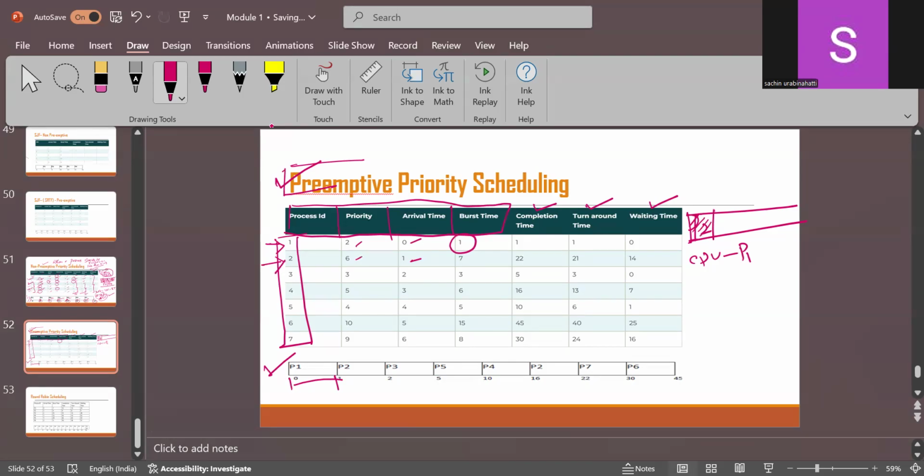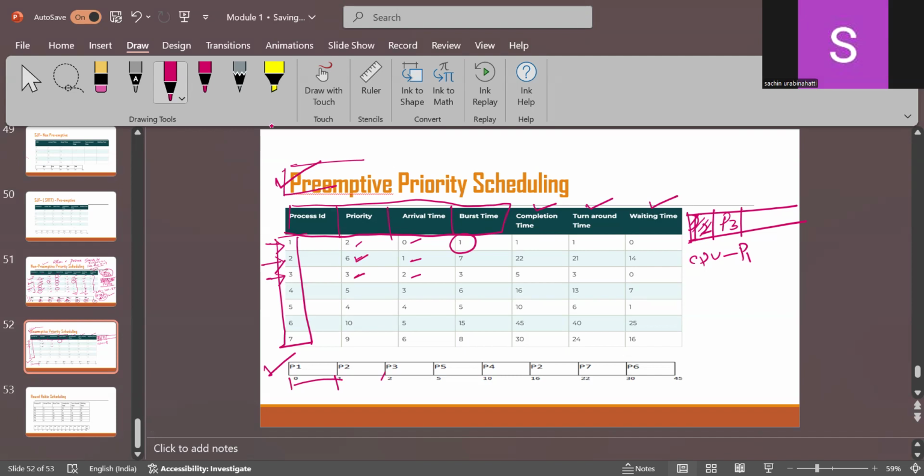P2 starts execution at 1 unit of time and continues to the second unit of time, because at the second unit of time the third process enters the queue. The priority of that third process is 3, while the priority of P2 is 6.